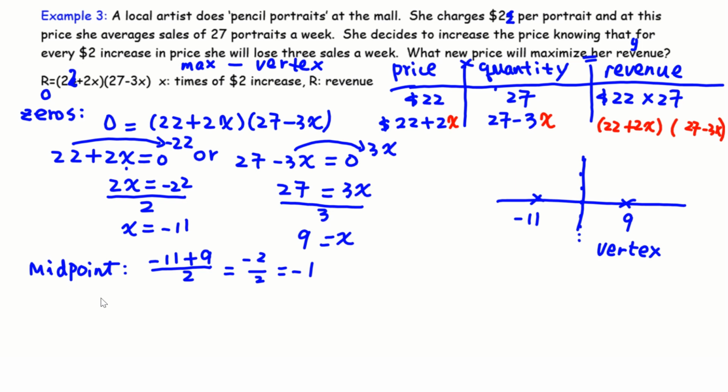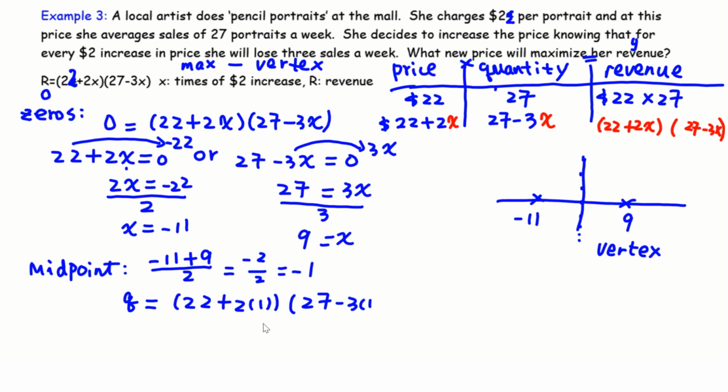We want to find the q-value of the vertex. Then we sub this into the equation: 22 plus 2 times negative 1, then times 27 minus 3 times negative 1.